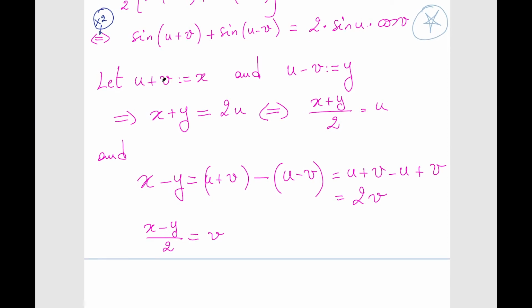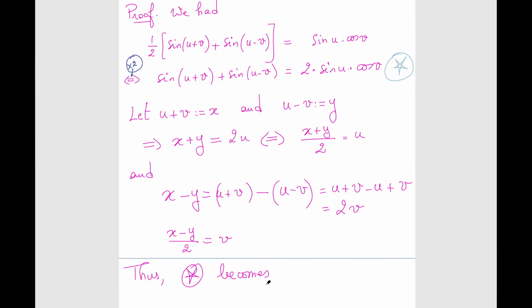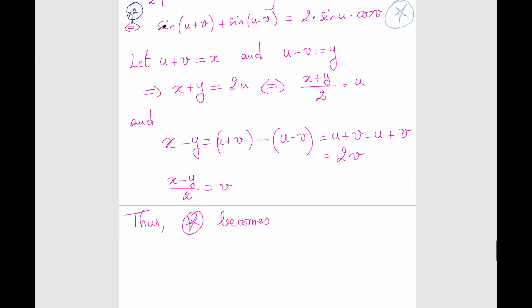So what do we get? Thus star becomes sine of u plus v. And what's u plus v in terms of x and y? It's simply x. So this becomes sine of x plus sine of u minus v. And what's u minus v?